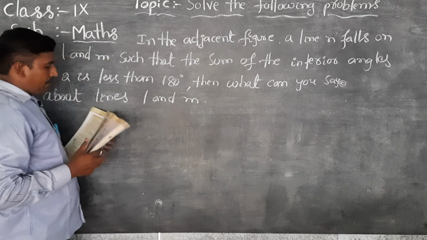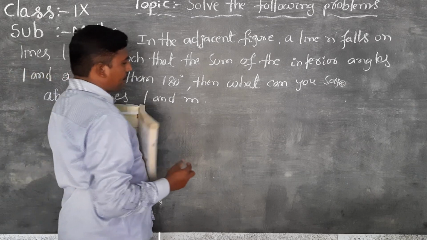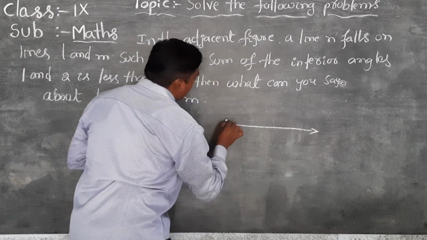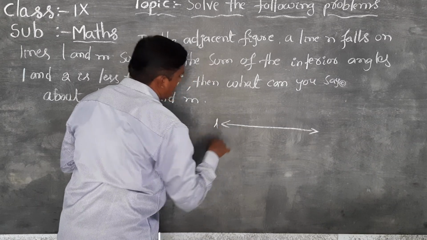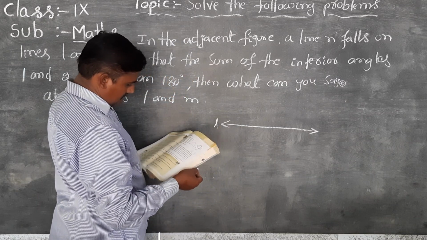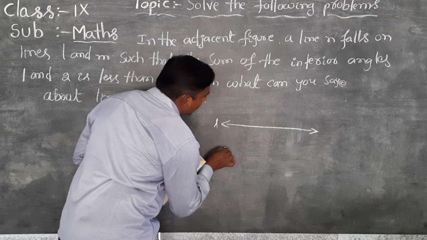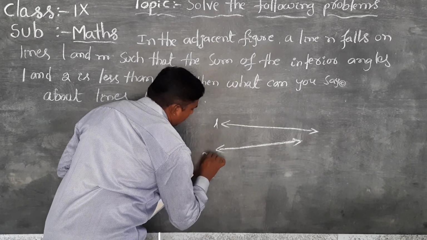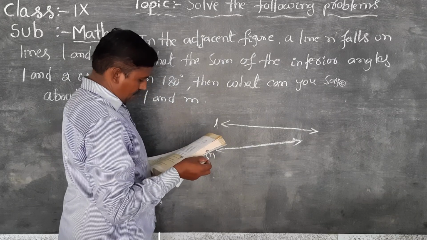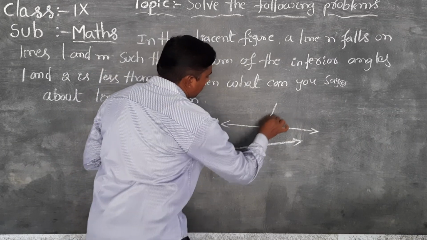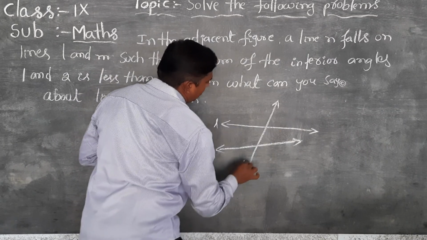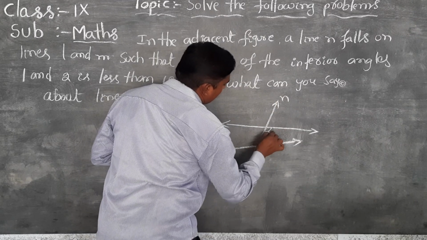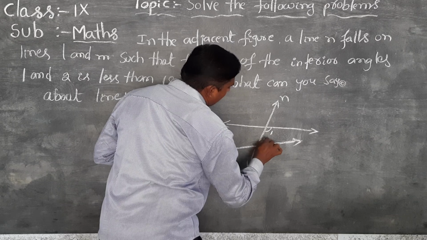They are given here in the diagram. This is L. Next, this is M. This is the transversal N. These two angles are given as 1 and 2.